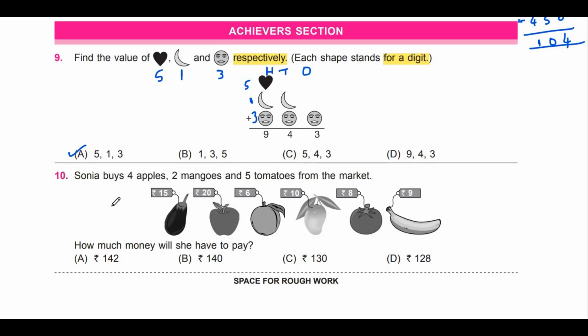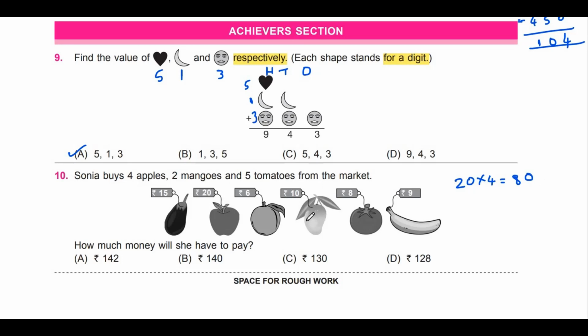So now let's calculate. So now Sonia buys 4 apples. Let's see the cost of 1 apple. The cost of 1 apple is 20 rupees. So let's find the cost of 4 apples. So which is 20 times 4. So 20 times 4 is 4 times 0 is 0. 4 times 2 is 8. So for 80 rupees she is going to buy apples. Now let's see mangoes. She is going to buy 2 mangoes.